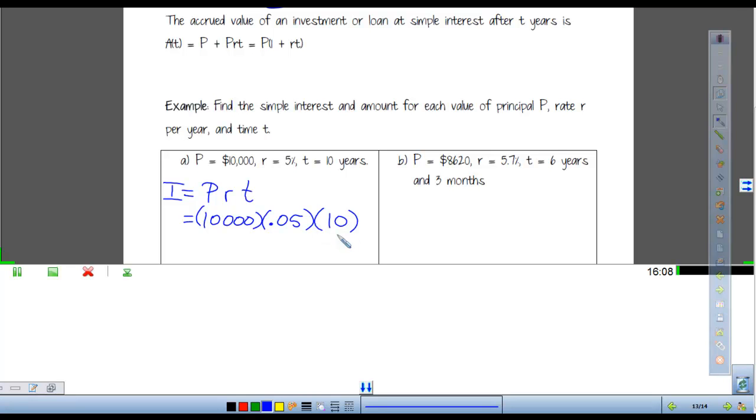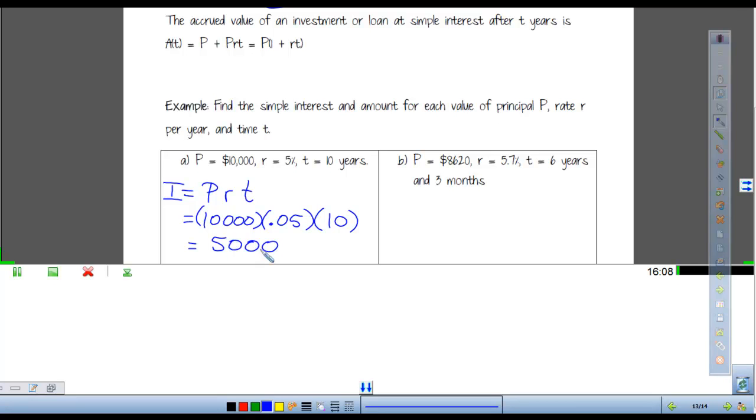So we just multiply those together, and we get $5,000 in interest. That would be nice.